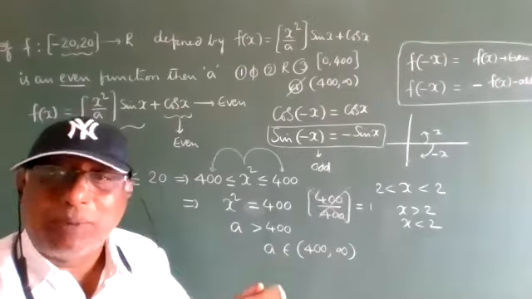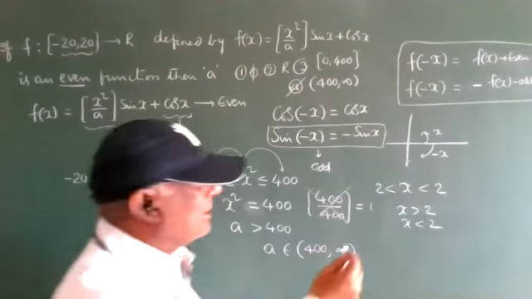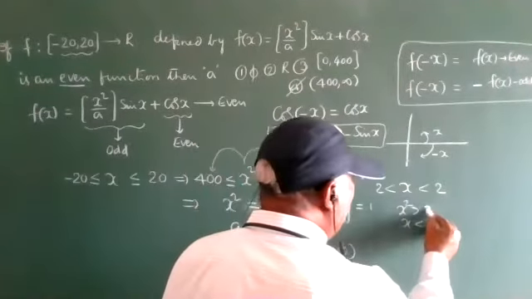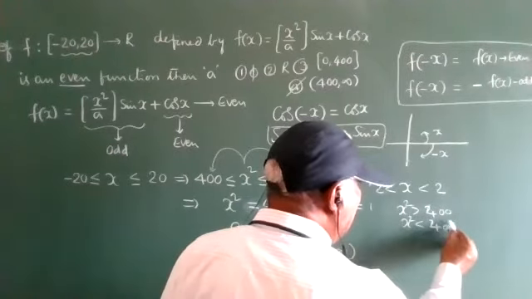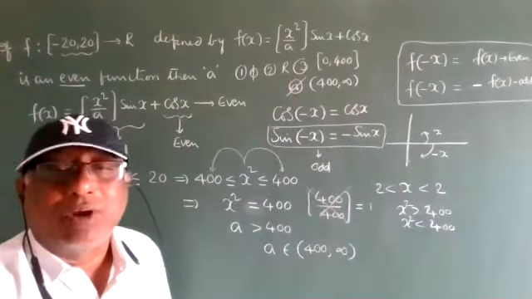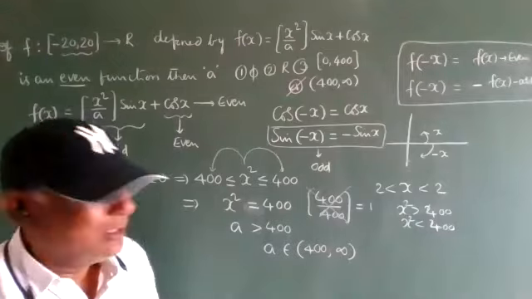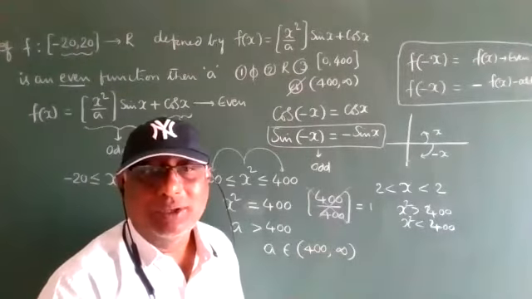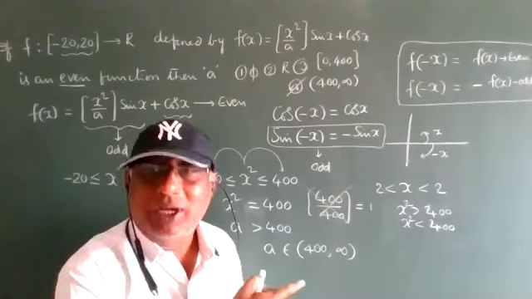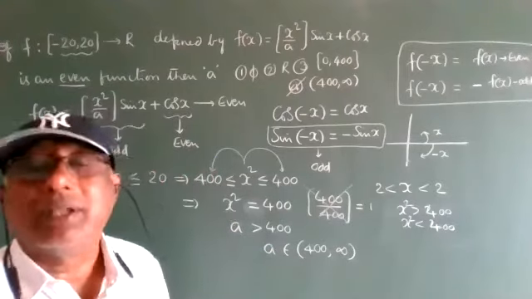So x square is a positive value. A positive value that is greater than 400 and less than 400 means it stops exactly at 400 only. So the inequality can never be shown, and it is equal to 400 only. Okay?